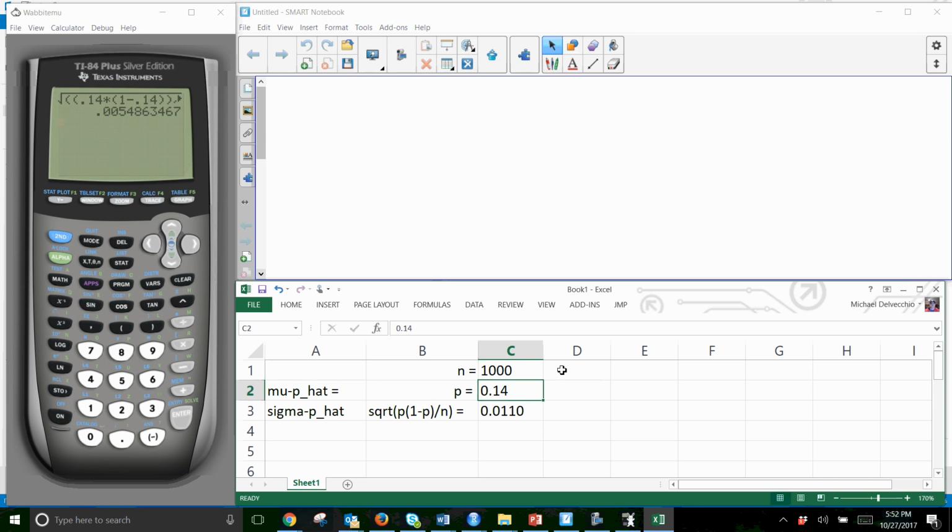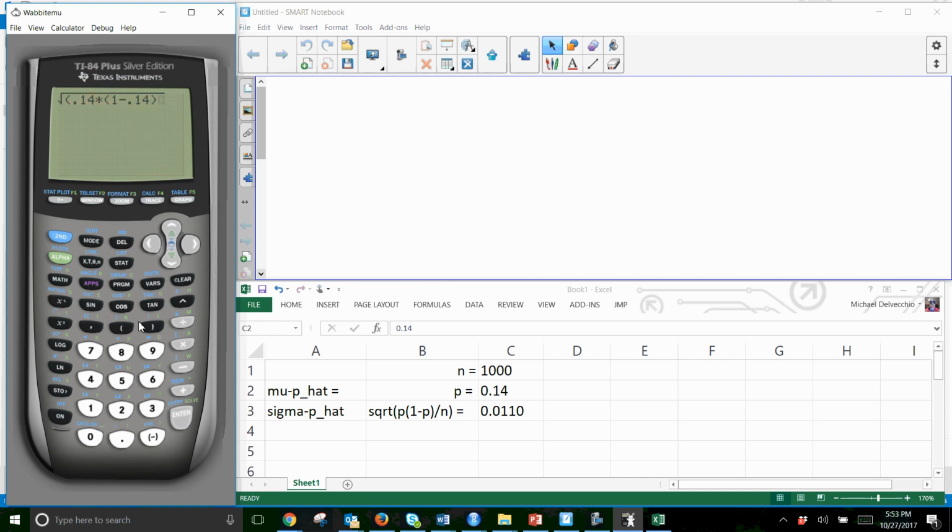We got 0.0110, but again on the calculator, just to show it again, you hit second and then square root. Again, I'll put my entire expression under the radical in parentheses. I'll put my p-value in, that hasn't changed. And then, oops, the multiplication symbol, and then I want 1 minus p, which is 0.14.